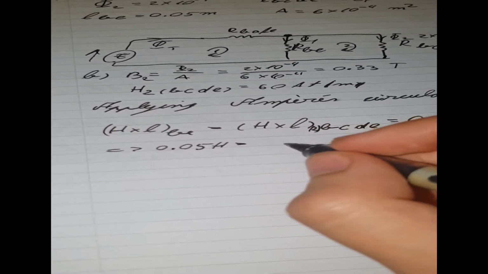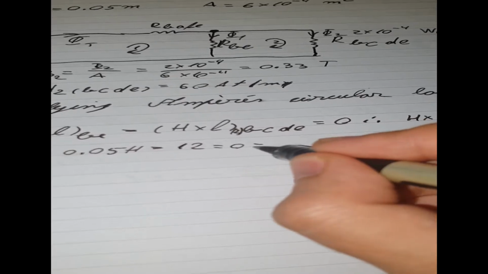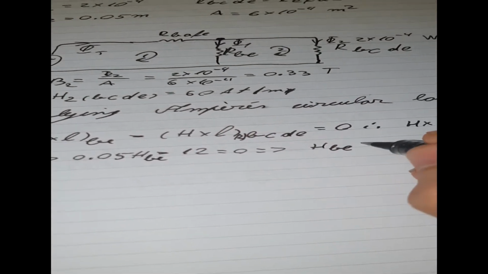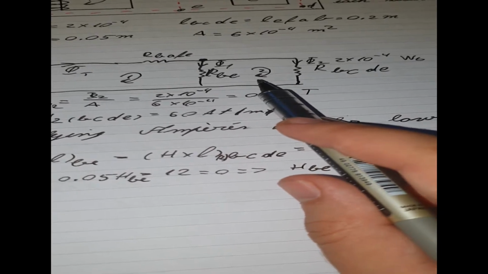Therefore, 0.05 H minus 60 times 0.2, what is that? That's 12, isn't it? 60 times 0.2, yeah, that's 12. Minus 12 is equal to 0. Therefore we can simply write HBE, this line here, and again I want to emphasize that we are applying basically Kirchhoff's voltage law, but it's named differently.